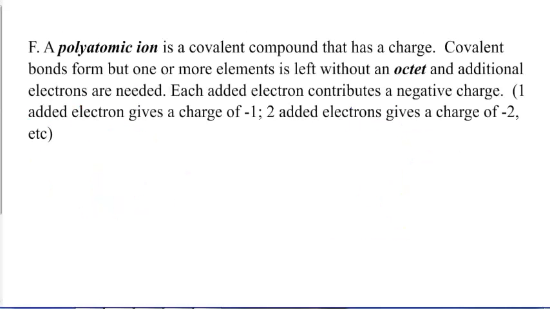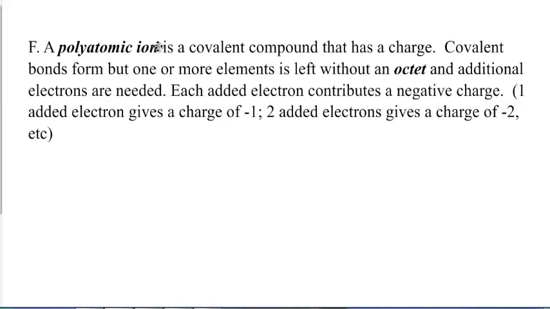Now another way that we can look at covalent compounds is sometimes a covalent compound actually has a charge to it. This is called a polyatomic ion. So you have a whole list of polyatomic ions like sulfate and sulfite and hypochlorite, chlorite, chlorate, perchlorate. A polyatomic ion is just a covalent compound that has a charge.